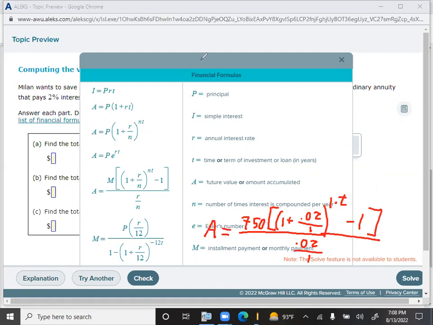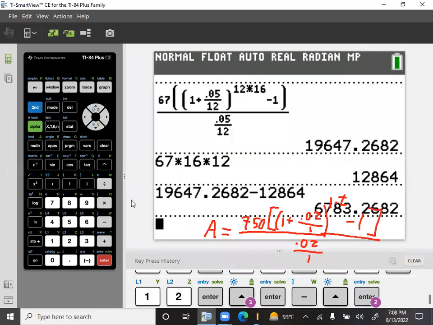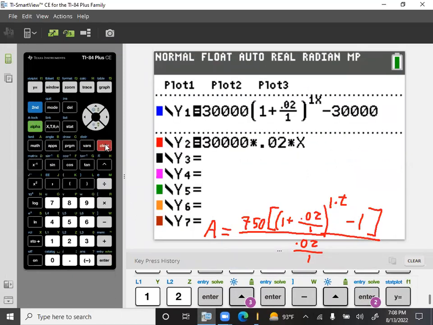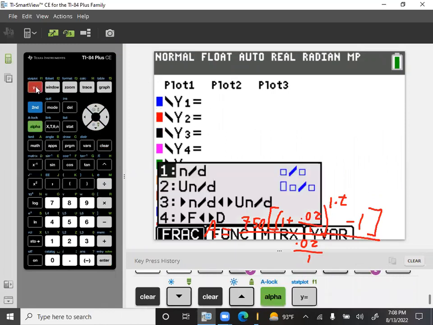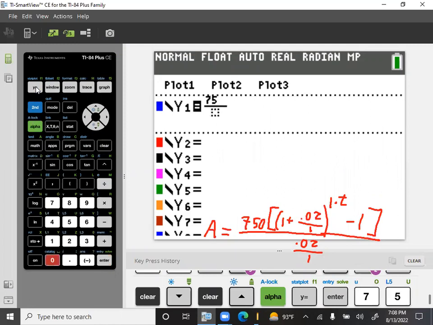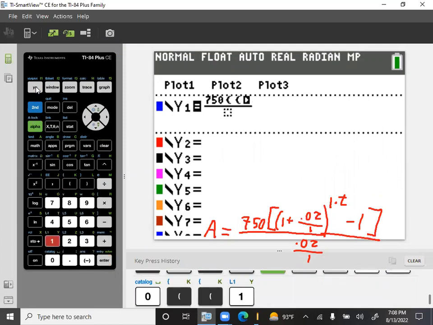You can do it on the main screen of the calculator, but like on a previous video, I'm going to do it the very cool way and just type in the function. 0.02 over 1 is the same thing, but I'll type it anyway.